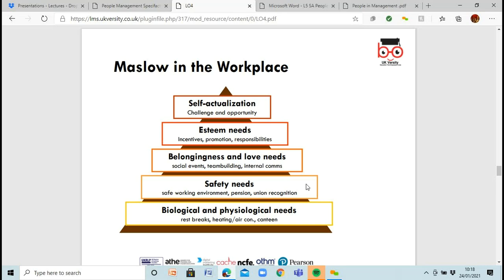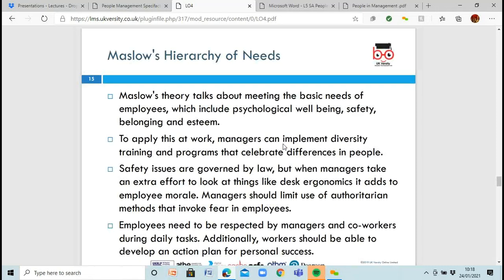Safety needs, so safe working environment. So things like pensions, and also if you want to join a union. Belongingness and love needs, so social events, team building. Esteem needs, so incentives, promotion and responsibilities. And then self-actualization is challenge and opportunity.